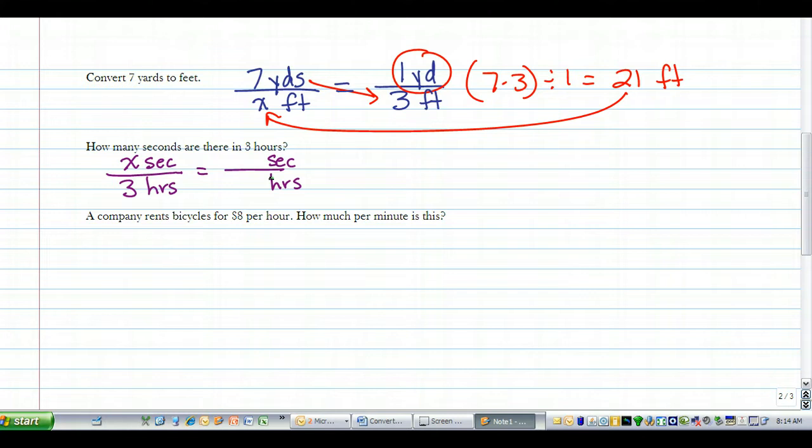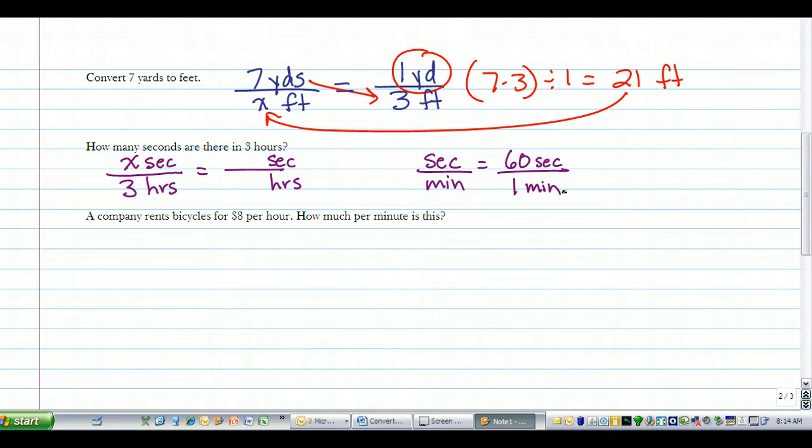Can't do that. I've got to first say how many seconds are there in a minute. I can't say 60 seconds, that's not right. 60 seconds in 1 hour. So we have to come over here and first find out how many seconds are there in a minute. Okay, so that is equal to 60 seconds in 1 minute.